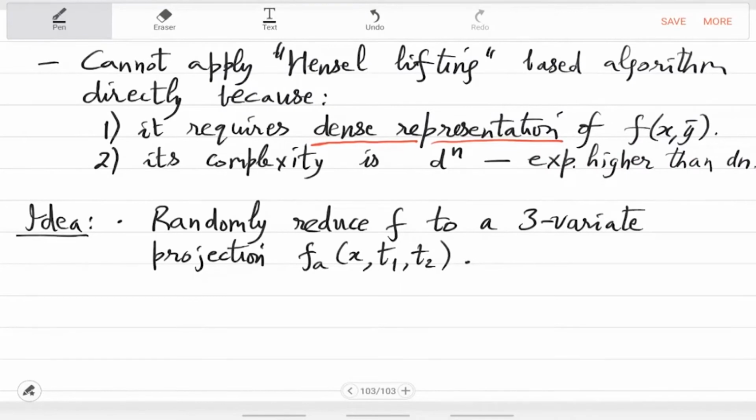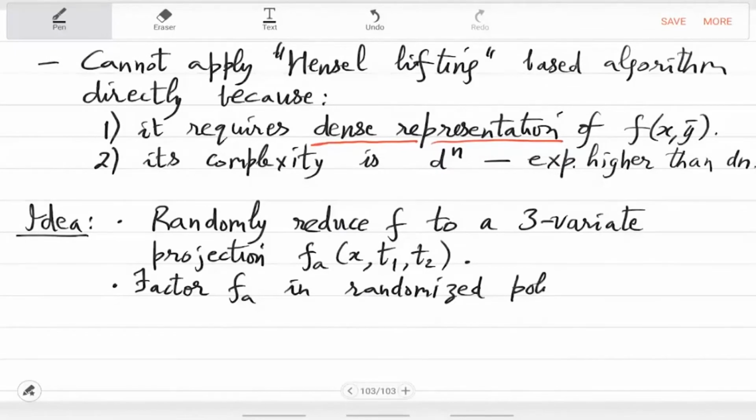Then factor Fa in randomized polynomial time, and from these trivariate factors, try to learn the black boxes for the actual factors.